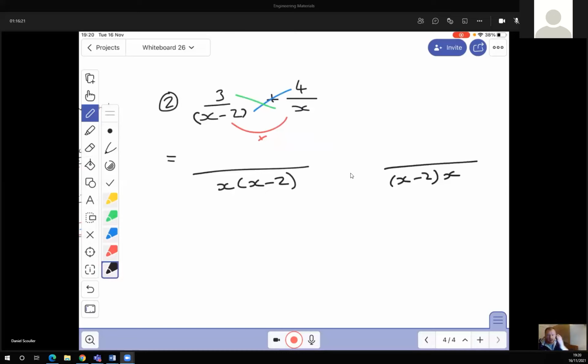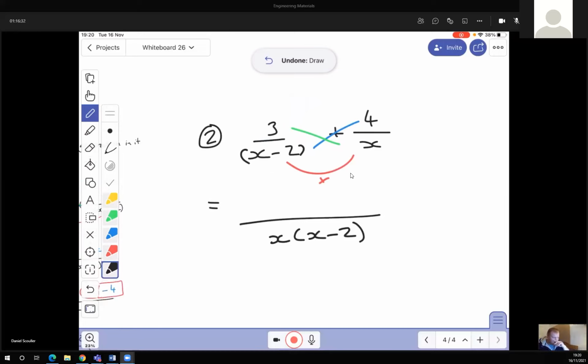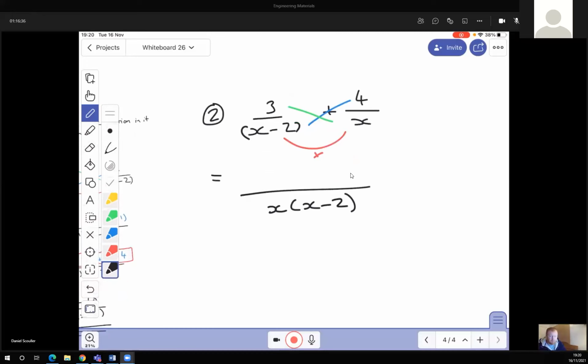We'd usually have the x in front of it. That's not wrong, effectively it's the same thing. So keep it in a format you'd be consistent with. So the x bracket x minus 2, that's just the bottom terms being multiplied together.